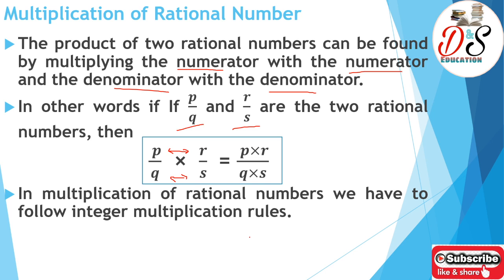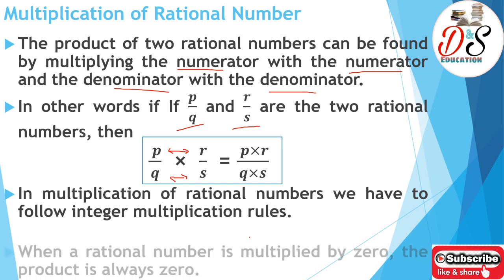Suppose we have a positive rational number and one is a negative rational number. So our product will be a negative rational number.